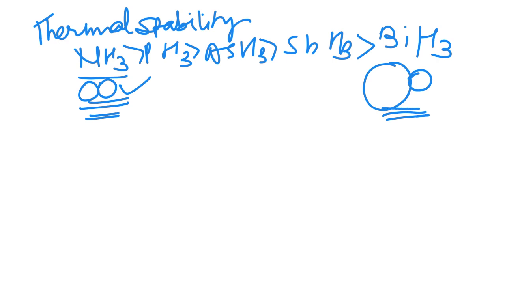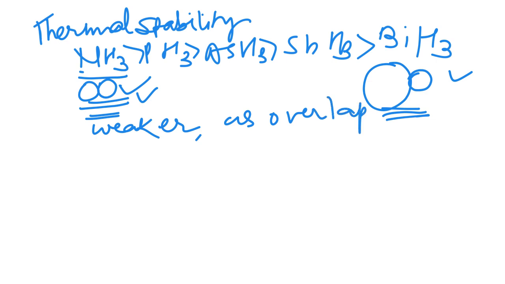So the stability here will be more and here it will be less. That is the reason. So as we go from nitrogen to bismuth, we see that the bonds become weaker and weaker as the extent of overlap decreases.